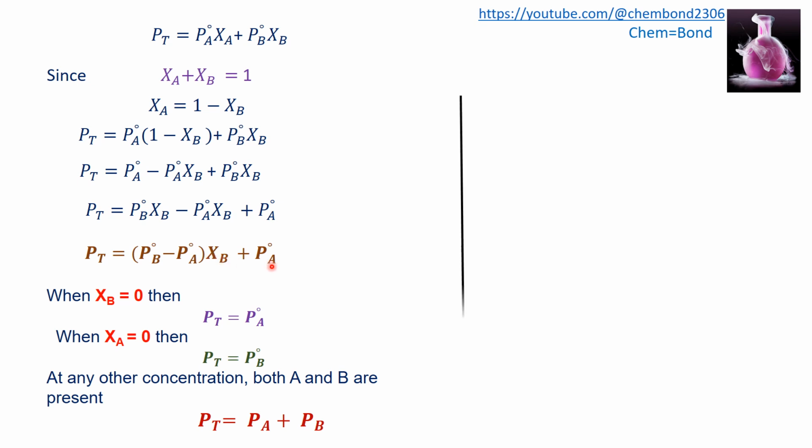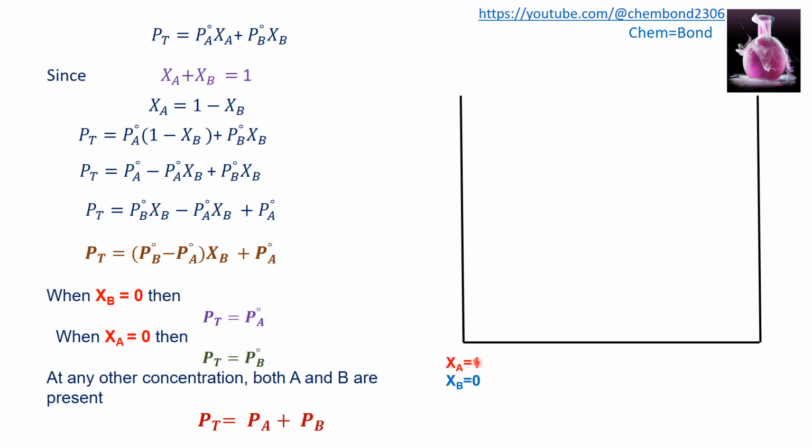So first we will plot a graph and label it. We will start from XA equal to 1 and XB equal to 0. This is the extreme side at which the mixture is composed only of A and there is no component B present.